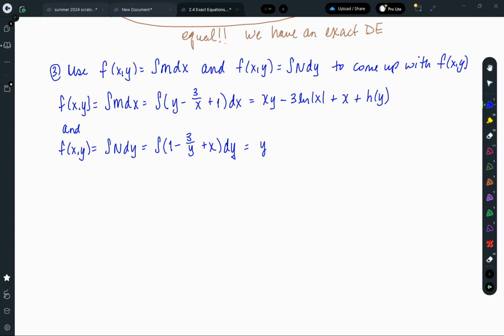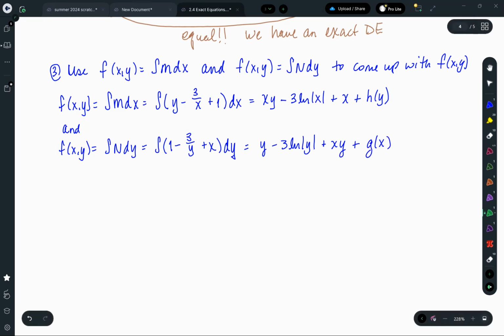Of minus 3 over y will give me minus 3 ln of the absolute value of y. And of x will give me plus xy. And then plus some possible constant of integration, g of x. All right, let's go through and underline what's common to both. An xy shows up in both of these, and that's all that's common.